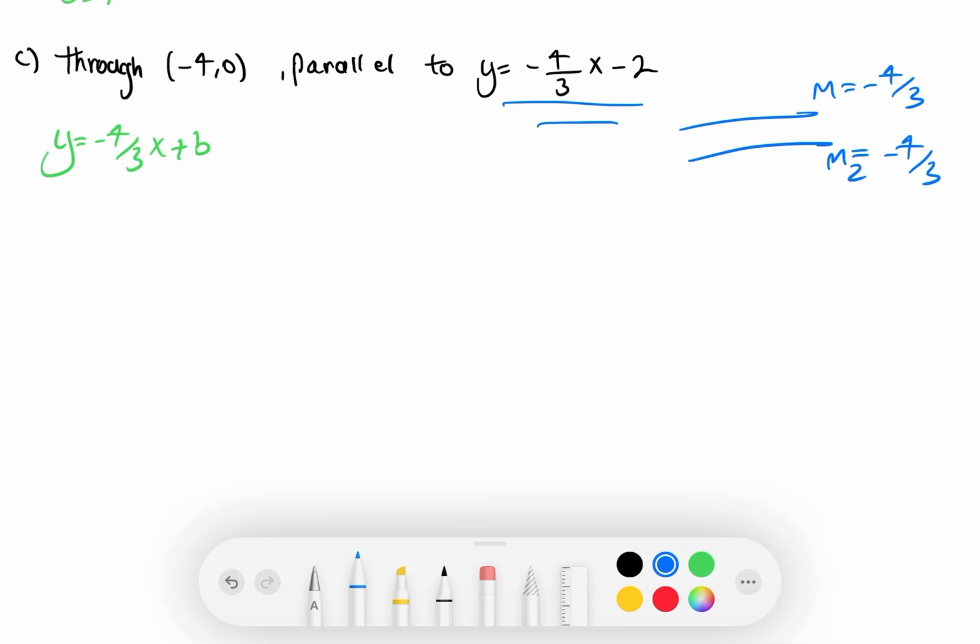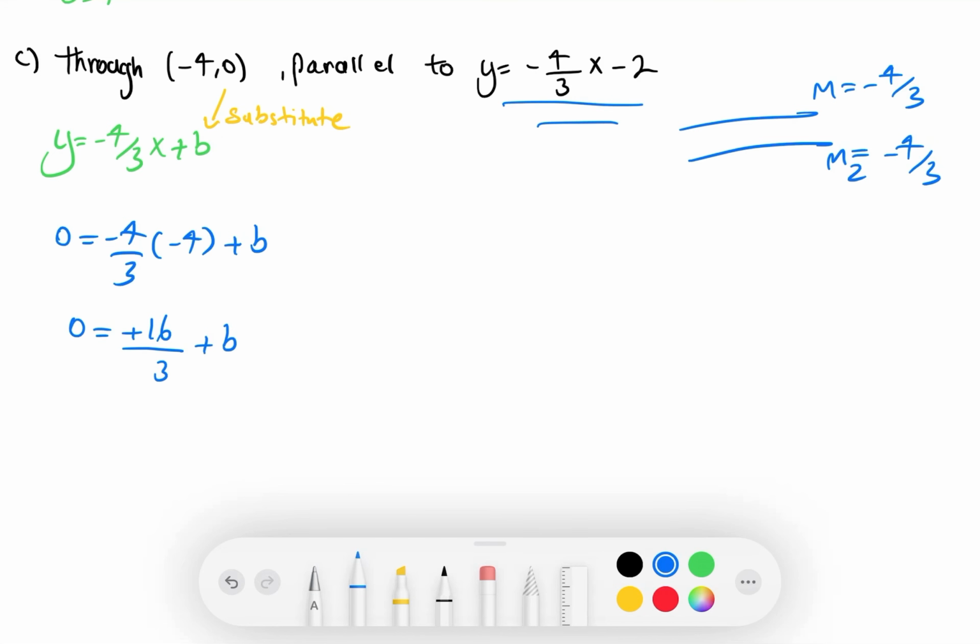Now, after we move on from this, we just have to find the value of our y-intercept. So we substitute these points in. We're going to get 0 is equal to negative 4 over 3 times negative 4 plus b. So 0 is equal to negative 16. Sorry, negative 4 times negative 4 is positive 16 over 3 plus b, right?